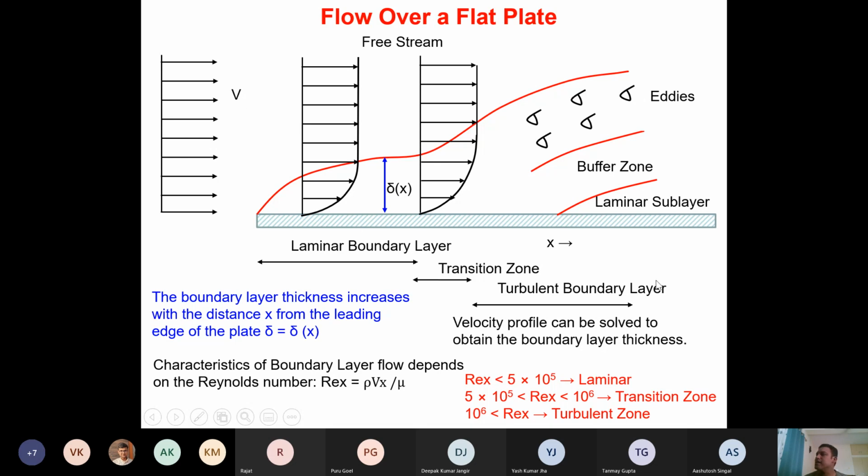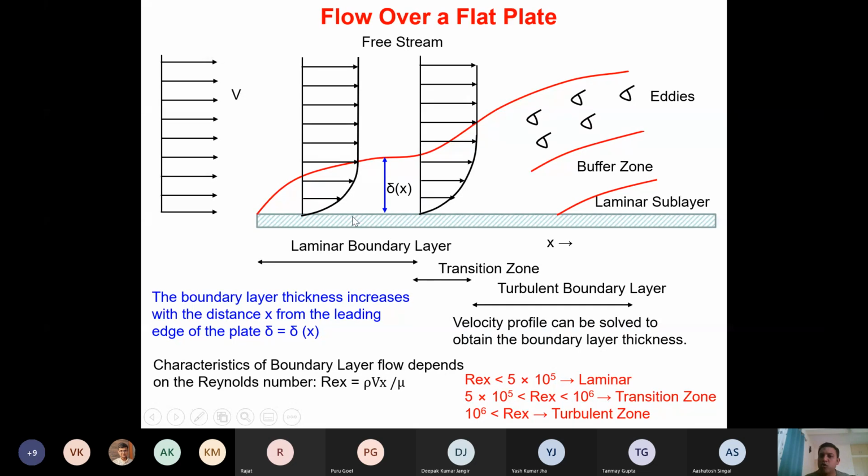Okay, so there are three layers in the boundary layer: a laminar boundary layer, transition zone, and the turbulent boundary layer. So as we were arguing, most of the resistance present for the heat transfer is always because of the thin layer of fluid which remains stagnant near the wall. Okay, so clearly the laminar boundary layer corresponds to the heat transfer resistance.